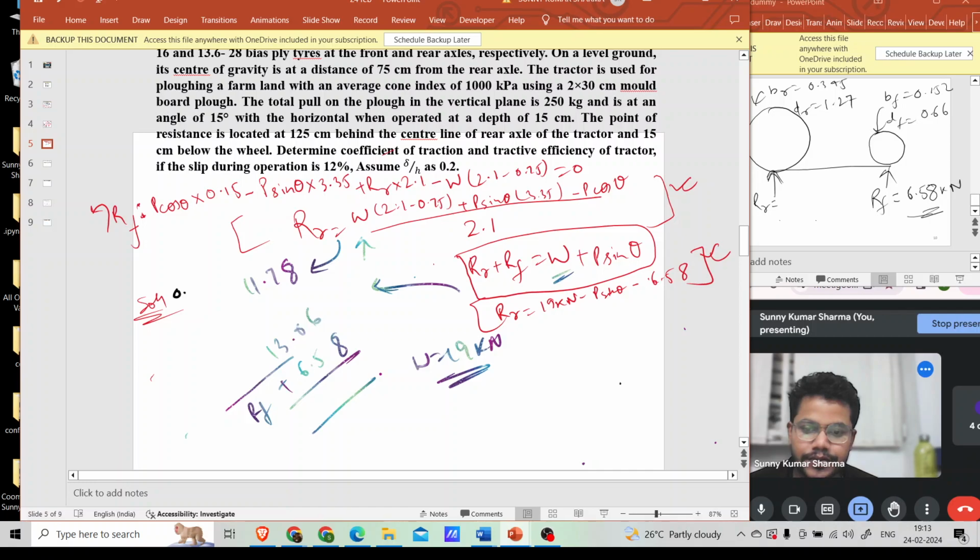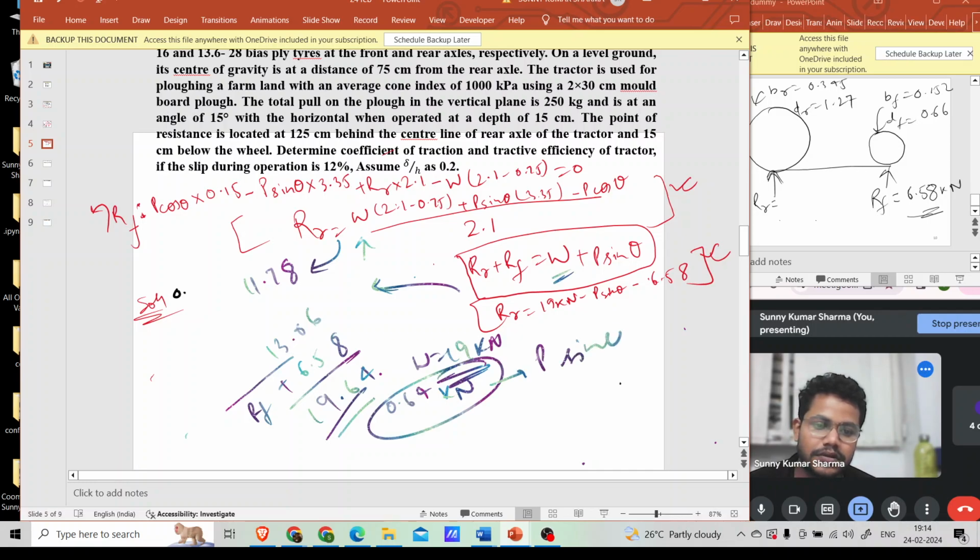You can cross check, it will come 13.06, and the total is 19.64. Means 0.64 kilonewton is P sin theta. Did you get it? Sivaraman, did you get it?